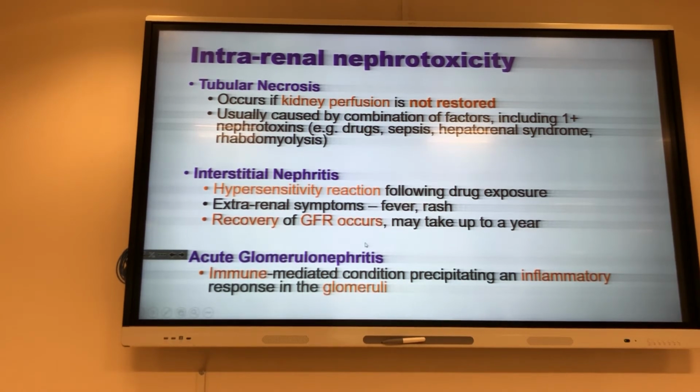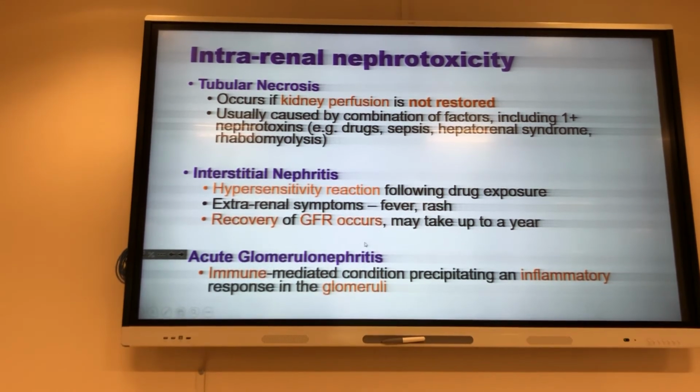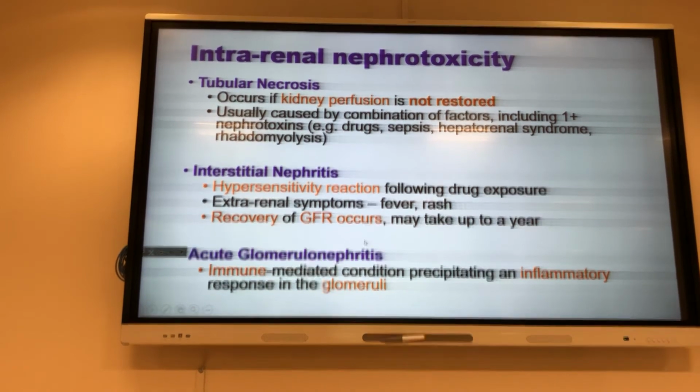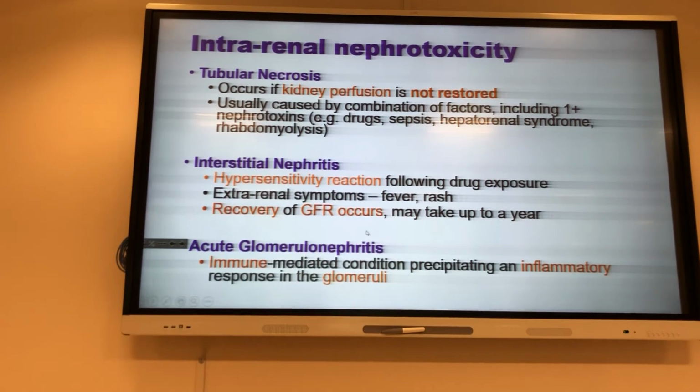The second insult that can occur is interstitial nephritis, which is usually a hypersensitivity or inflammatory reaction to a drug, and can cause extrarenal symptoms like fever and rash. Recovery of eGFR usually occurs, but it can take up to a year.